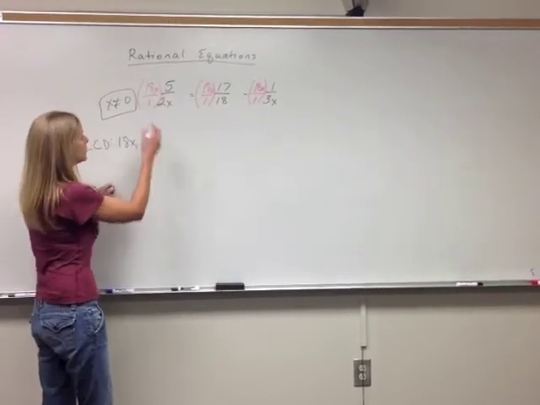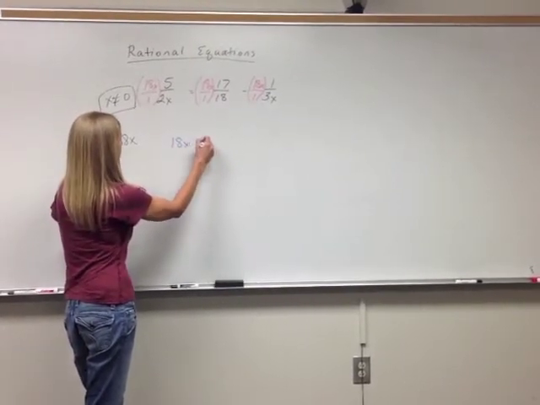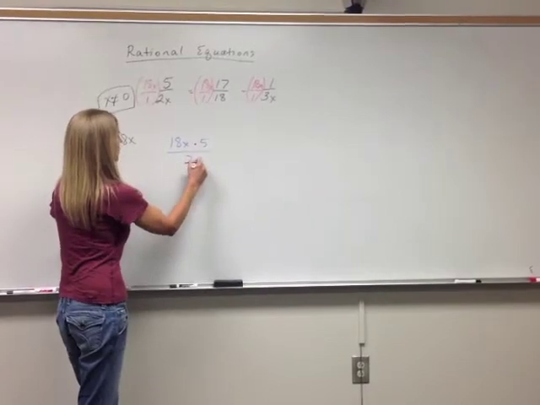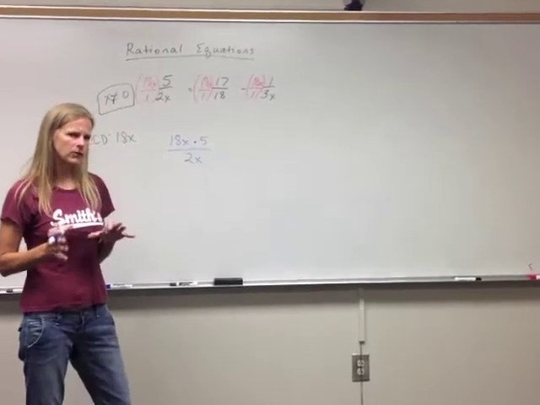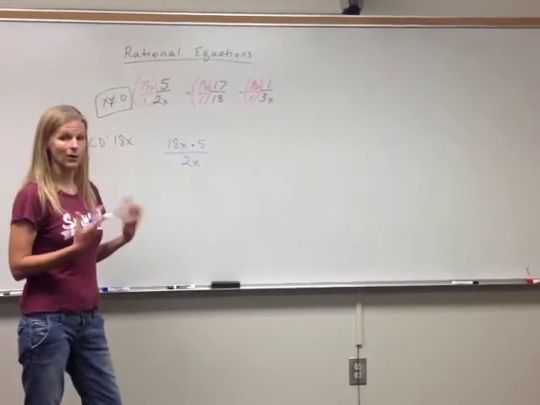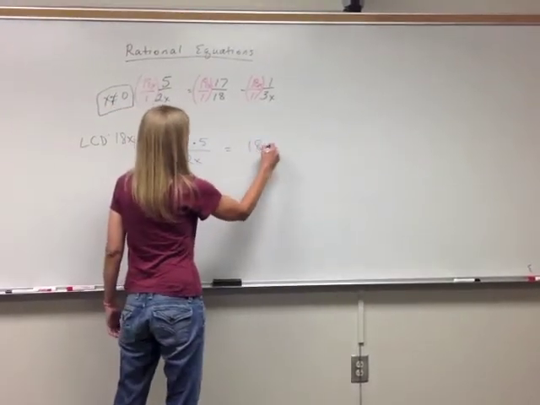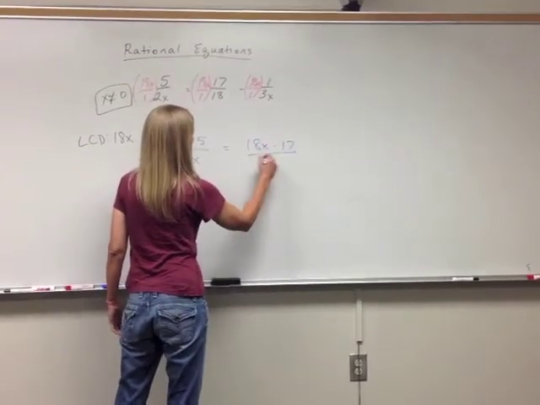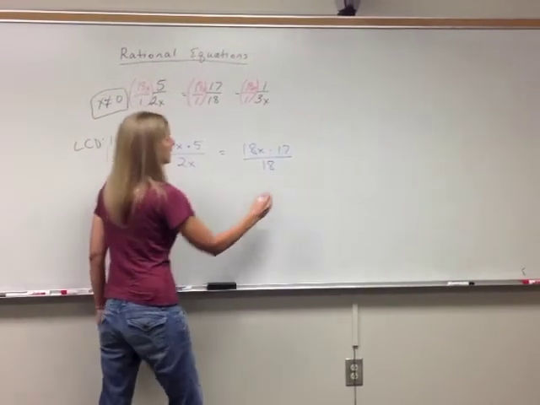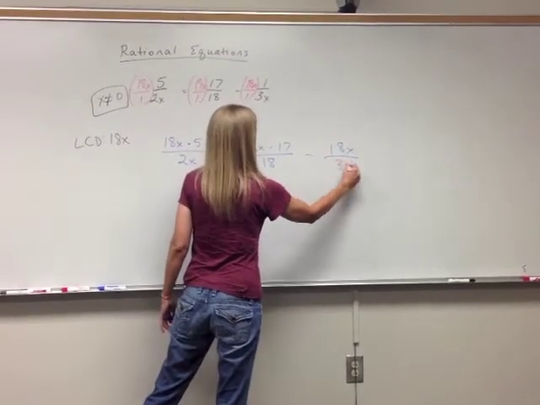I am going to write this as 18x times 5 all over 2x. Many of you will skip this step. The reason I'm doing this is so some of you can see how everything simplifies. All right, and I have an 18x times 17 all over 18, and a minus 18x all over a 3x.